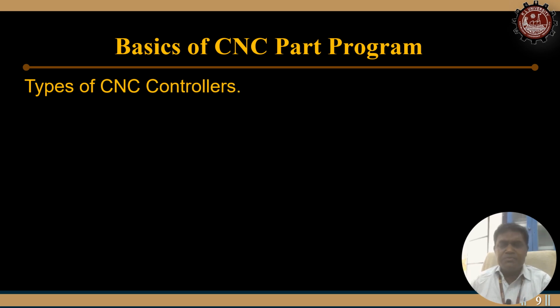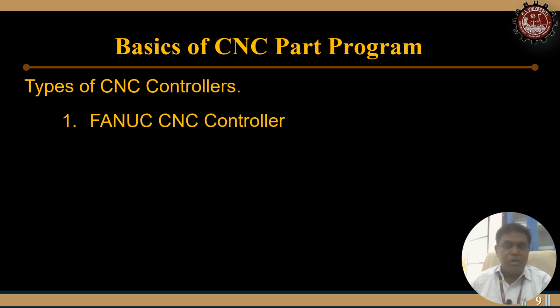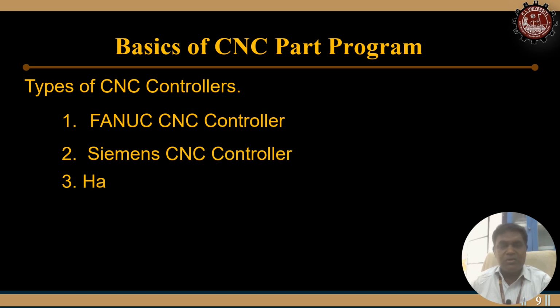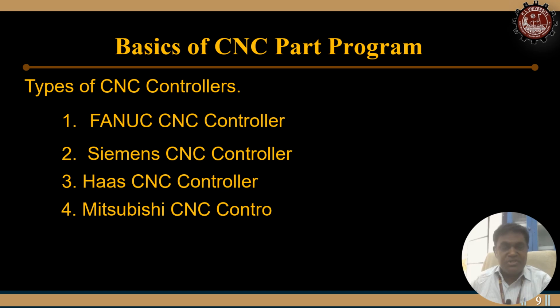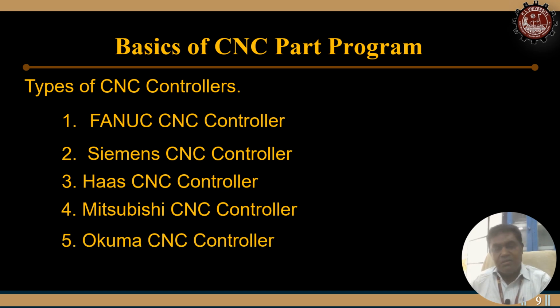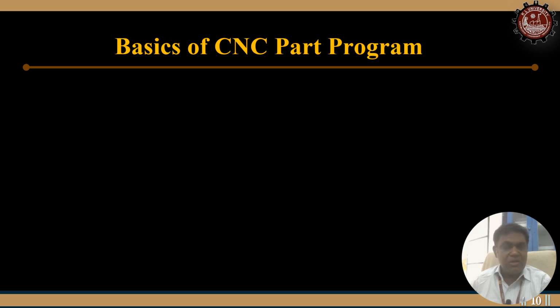What are the different types of CNC controllers in use? Popular ones are the Fanuc CNC controller, Siemens CNC controller, Haas CNC controller, Mitsubishi CNC controller, and Okuma CNC controller. These are the popular CNC controllers.